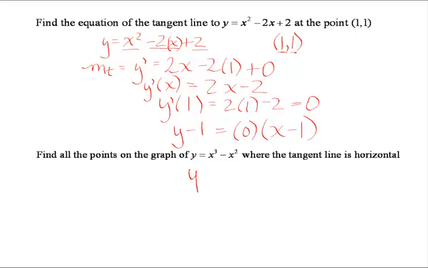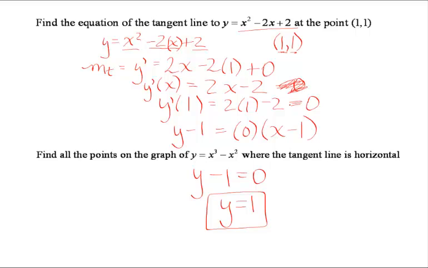I'm going to pop down here, y minus 1 equals 0, or y equals 1. Here is the equation of the tangent line to function y at the point 1, 1. It is the horizontal line y equals 1.